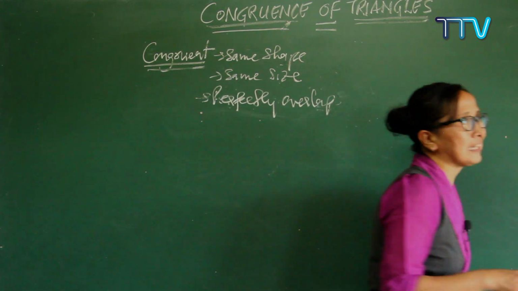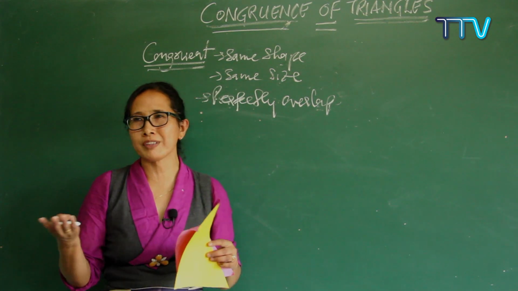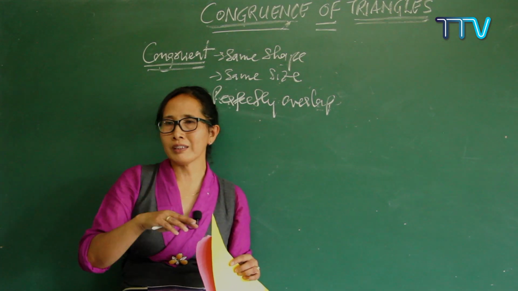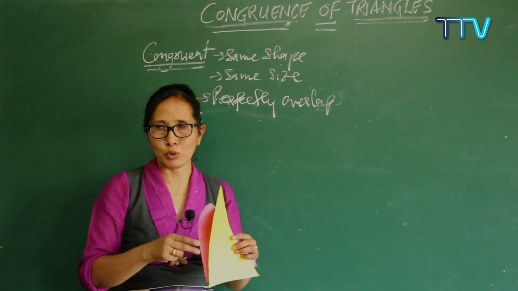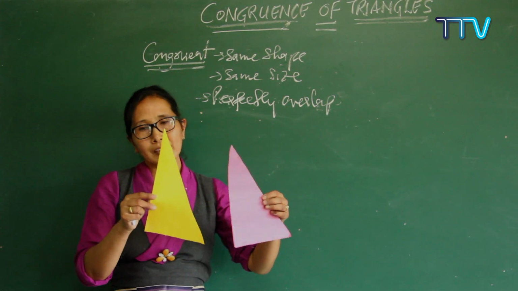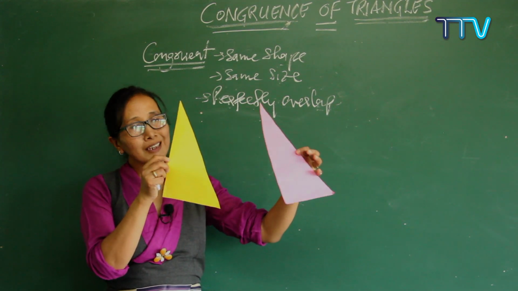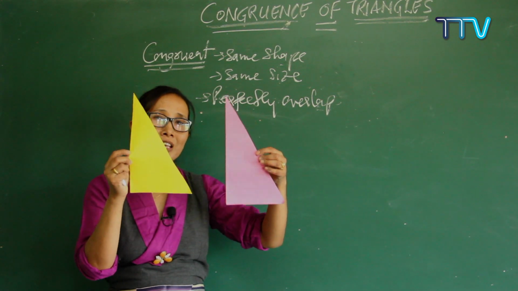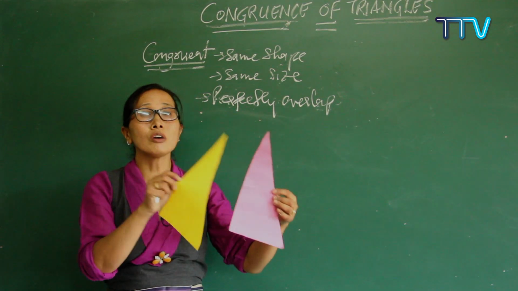Let me give an example. If you have two A4 size papers, all A4 sizes are congruent to each other. Why? If you overlap one on another, you always get exactly one. Same here, when I take two triangles, one yellow and one pink, exactly the same, same shape and same size, the two figures are congruent to each other.